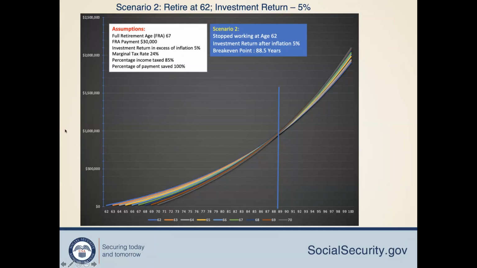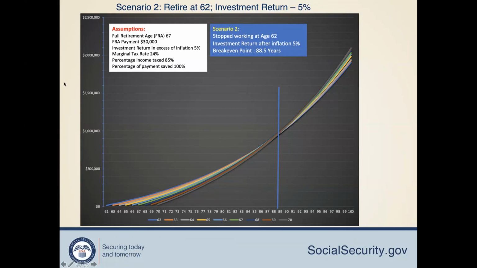And if you are assuming, say, 10% return, then 62 wins, as long as you are not working. This is all the case where you are retiring, meaning actually stopping working at 62. So you have to be careful here.